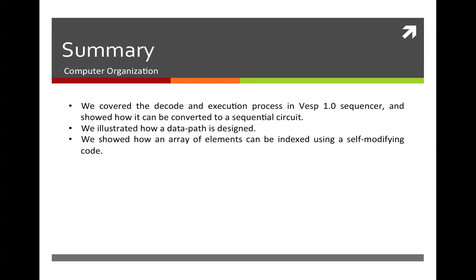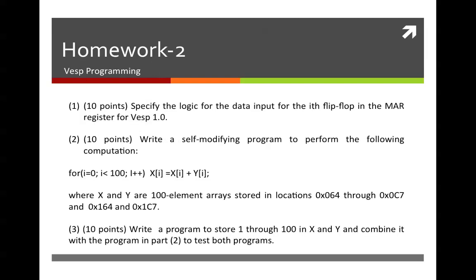We added numbers. Now here's the second assignment, so it's really programming still, but also a little bit of logic design. In the first part of the second homework assignment, you're going to specify the logic for the data input for the ith flip-flop in the MAR register for VESP 1.0. I've done the example for A, so I ask you to do this for MAR.